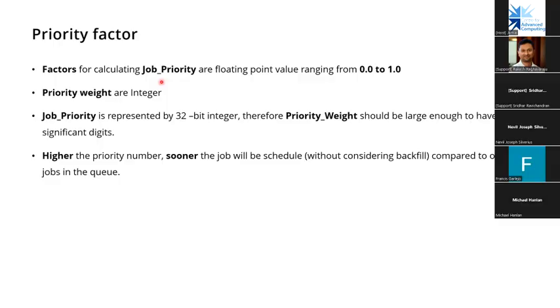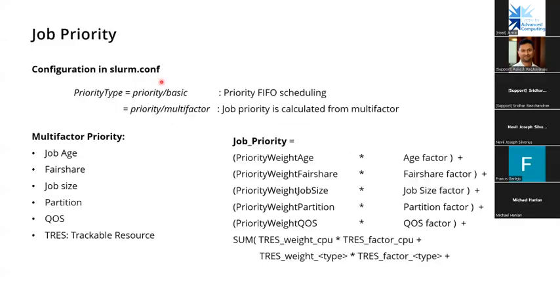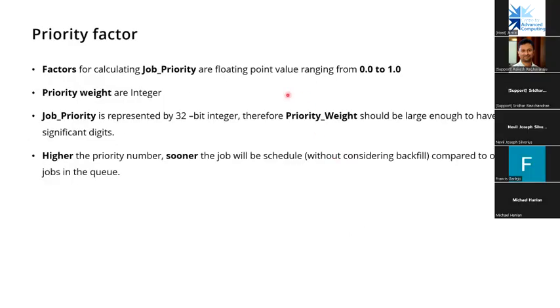Factors for calculating job priority are floating point values ranging from 0 to 1. And the job priority number is essentially a weighted sum. Because it's only from 0 to 1, to capture the minor intricacies, it's better to have priority values which are large integer values, so that we don't lose information in rounding errors.